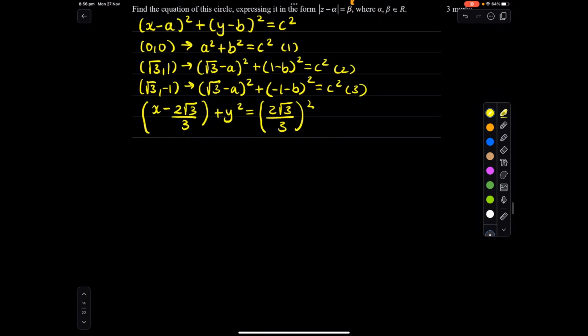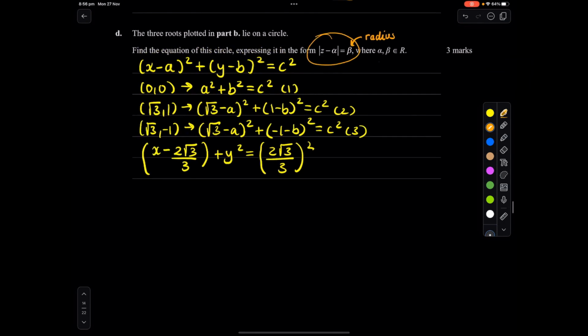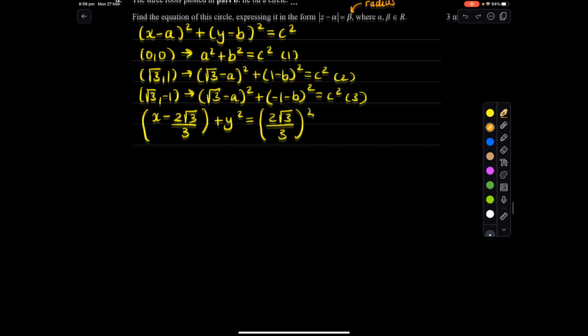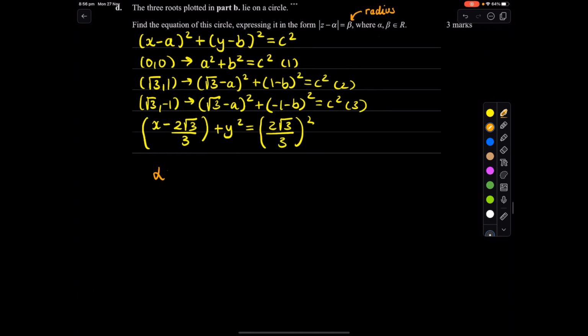That's easy now. We can write it in that form because we have everything. Our alpha is going to be 2 root 3 over 3, and your beta is your radius, which is also 2 root 3 over 3. Same thing.